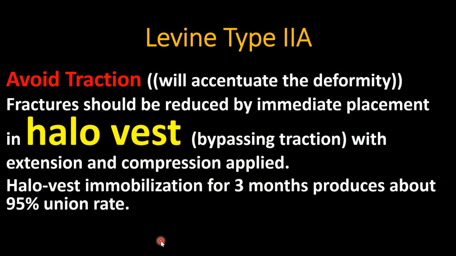Levine Type II-A, avoid traction because it is risky due to the angulation, and use the halo vest without any traction, and it is successful in about 95% of cases.